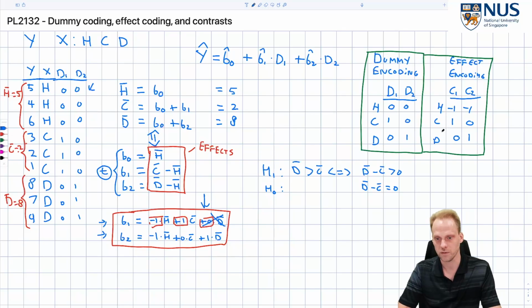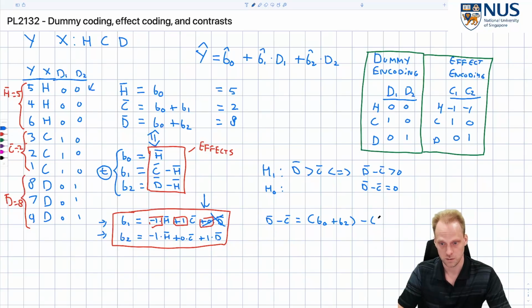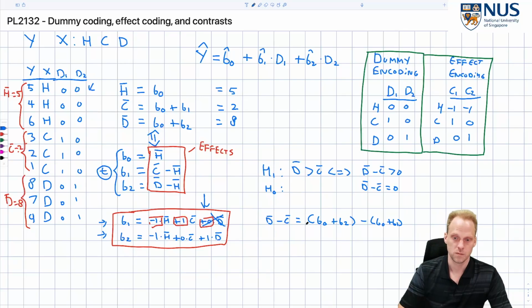But the thing is, I do actually have this information. Let's see what happens if I write the difference between the mean of dogs and the mean of cats. What do I get? Well, I get the mean of dogs, which is B0 plus B2, minus the mean of cats, which is B0 plus B1. So then this B0 drops out, and we're left with B2 minus B1.